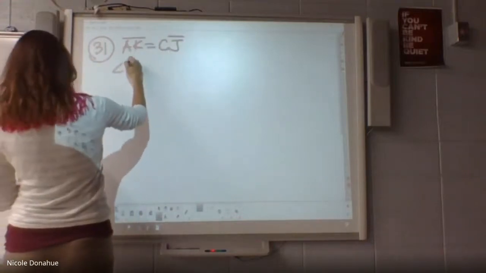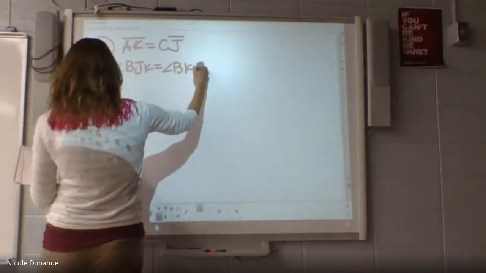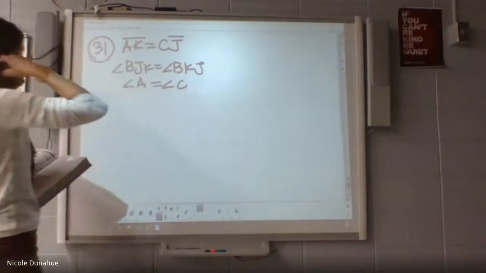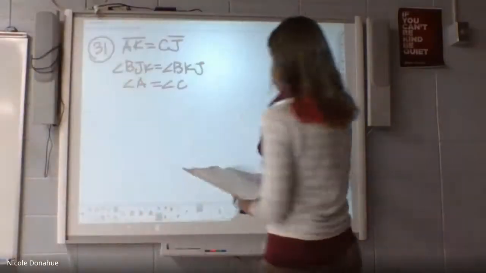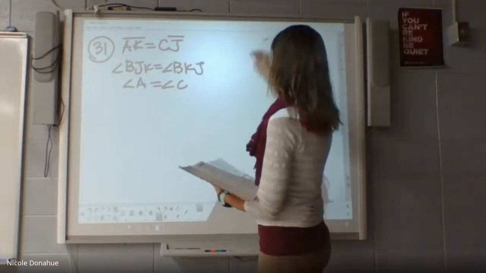Because they actually give you a lot of information. So this is all a given. Sorry, I should have probably just put that in my proof. Oh well. So that's the given information.